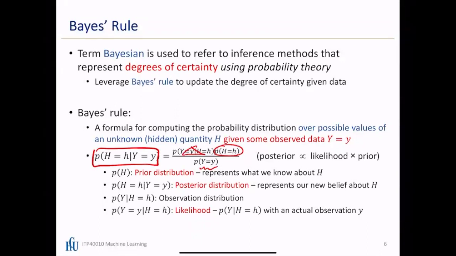I'm interested in the posterior, and the posterior is only proportional to the product of my likelihood on the sample data and my prior belief. So basically what Bayes' rule defines is how my belief changes after I see some set of data.